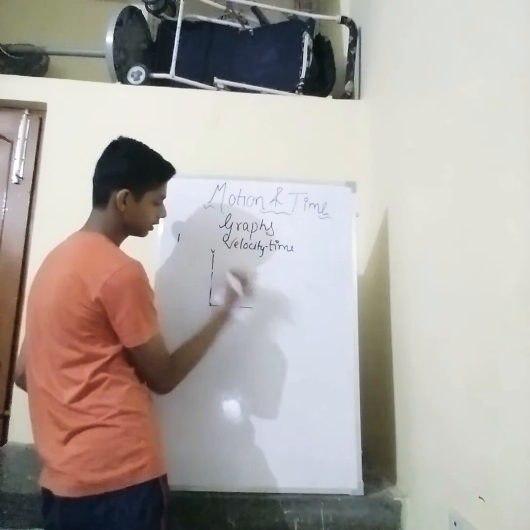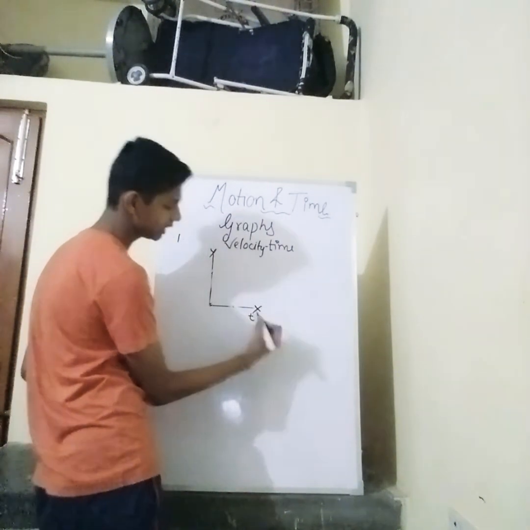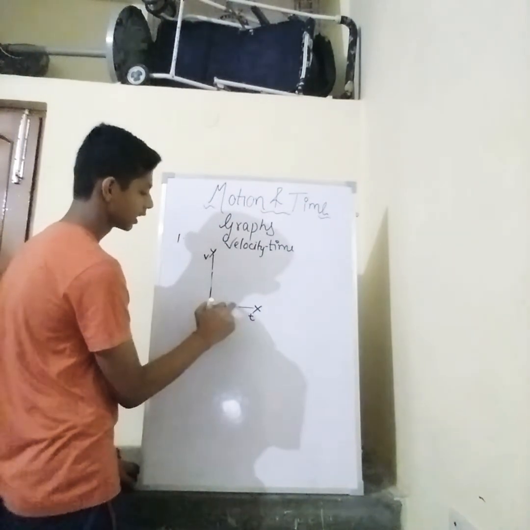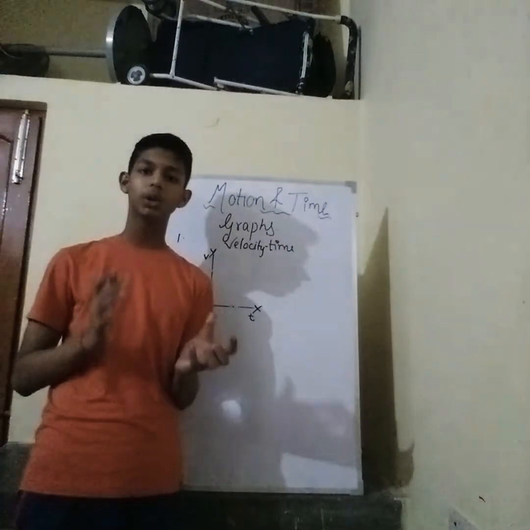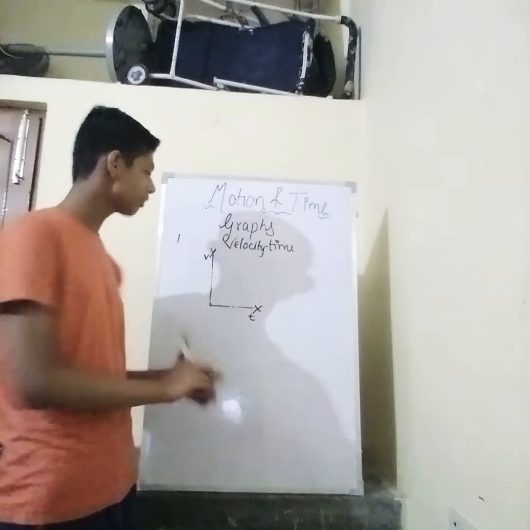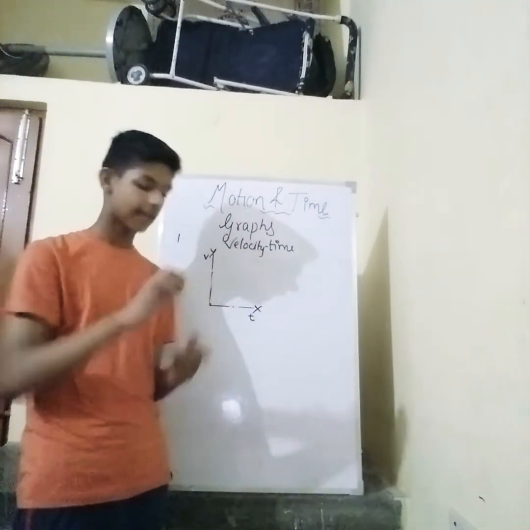Here is the y axis and here is the x axis, which is t for time and v for velocity. Now if you go through the whole journey with uniform velocity, then the velocity time graph will be a straight line like this.